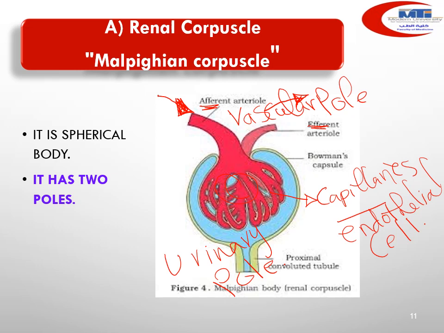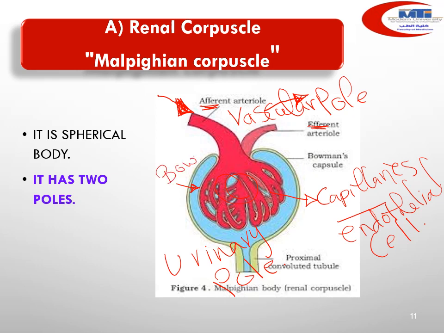The renal corpuscle or the Malpighian corpuscle is formed of three structures. The first structure is the Bowman's capsule or the balloon itself. This is this blue or green structure. This is the first part, and this is called the Bowman's corpuscle.